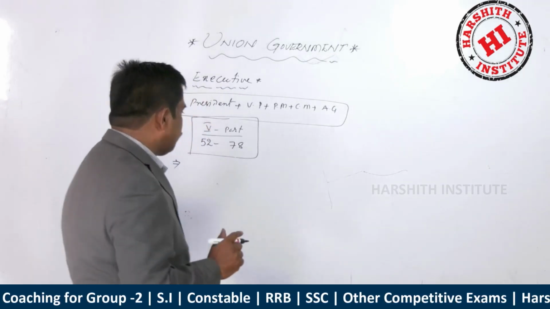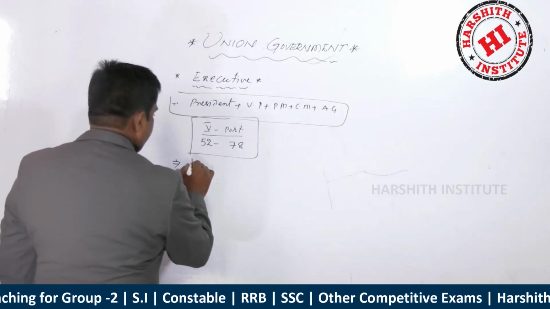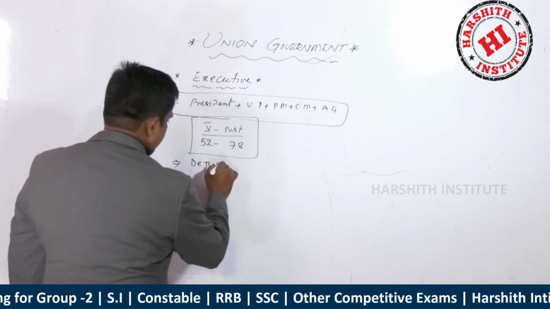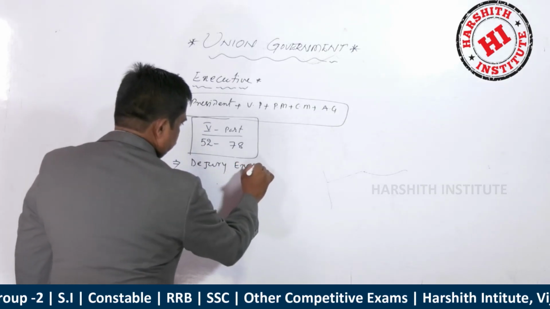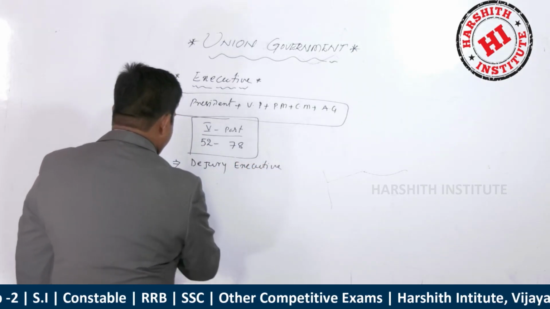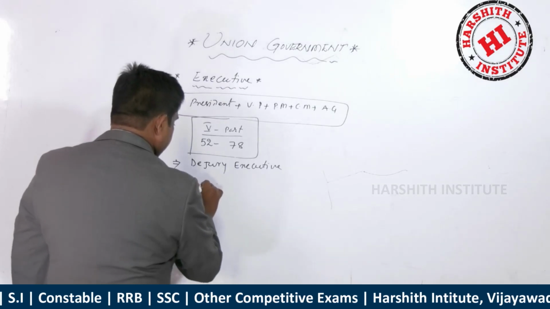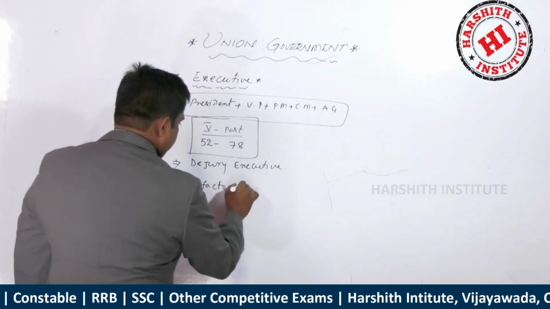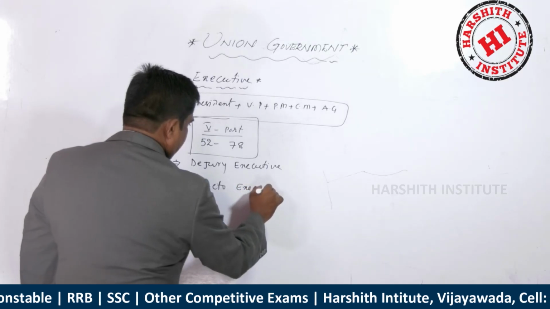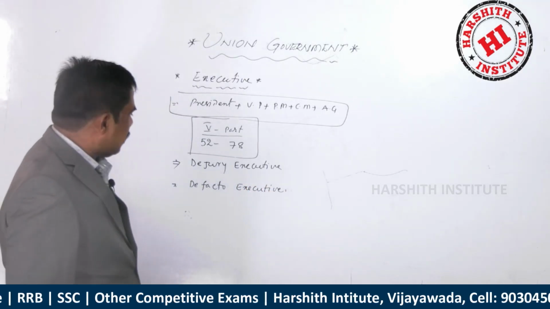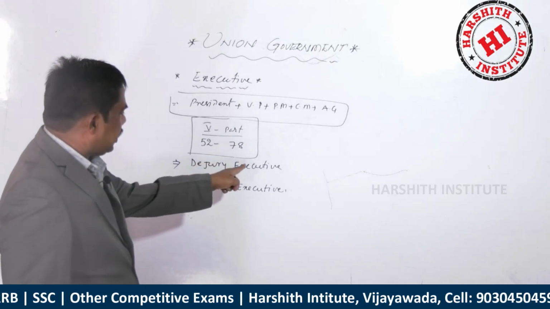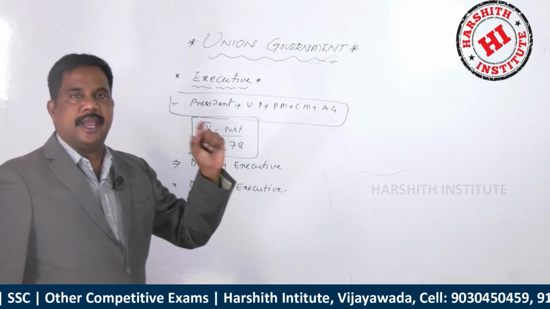What are the two executives? De jure executive and de facto executive. Wherever there is a parliamentary system, it will compulsorily have a de jure executive and a de facto executive.